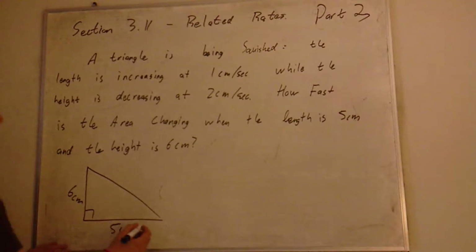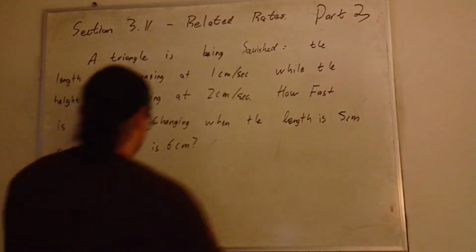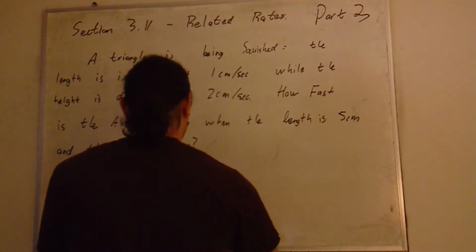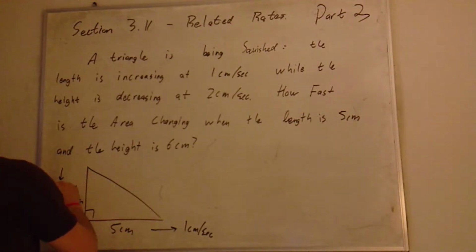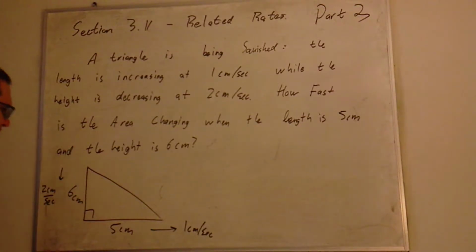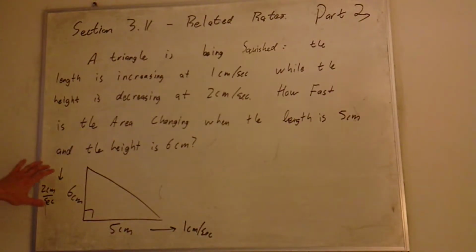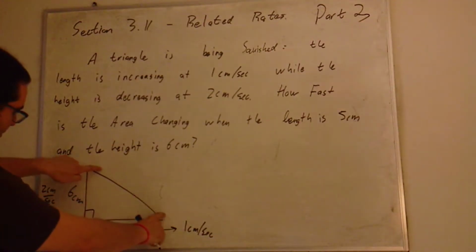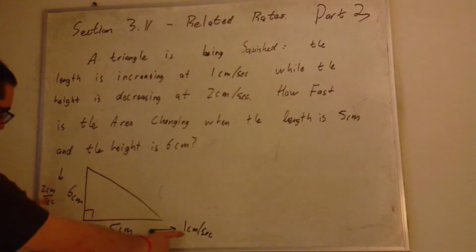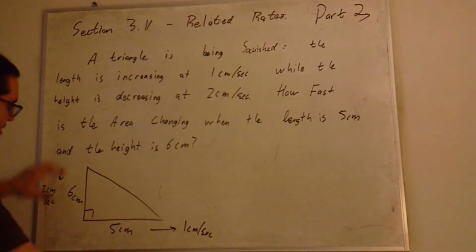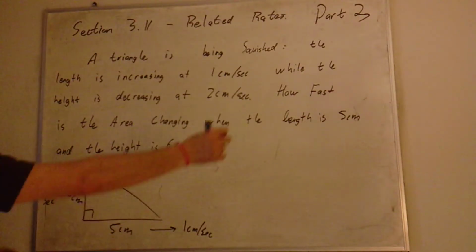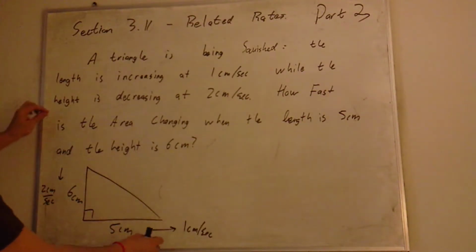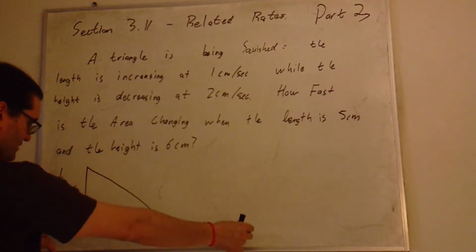The length is increasing at 1 centimeter per second, and the height is decreasing at 2 centimeters per second. This kind of looks like the ladder problem now that I'm thinking about it. But instead of a constant ladder length forcing these rates to be connected, this is just an abstract shape that we can play with and manipulate how we want. So this is increasing while this is decreasing.